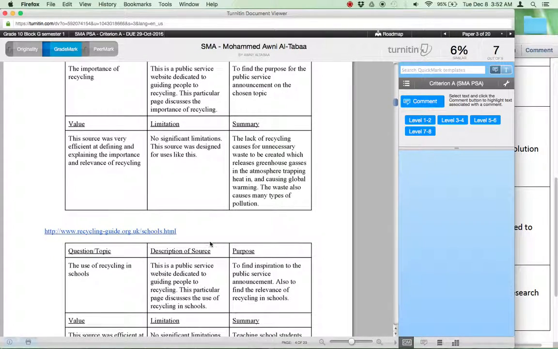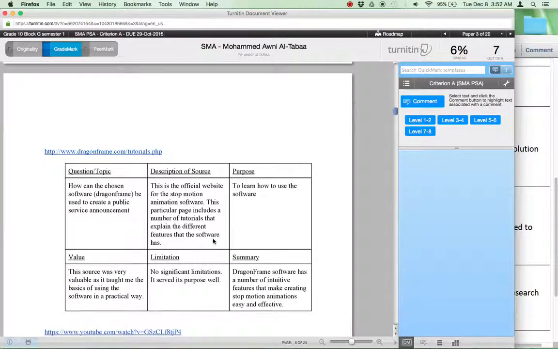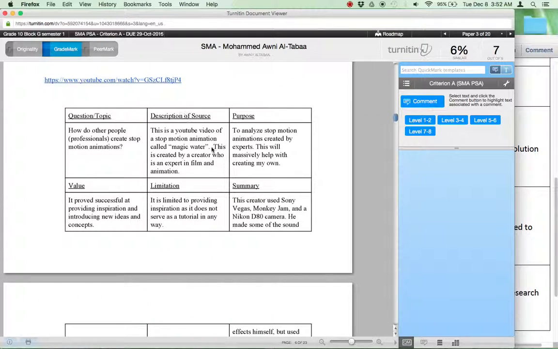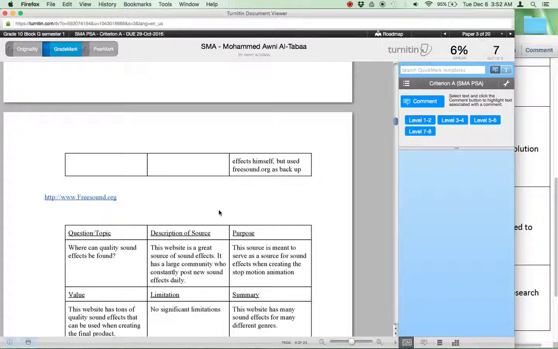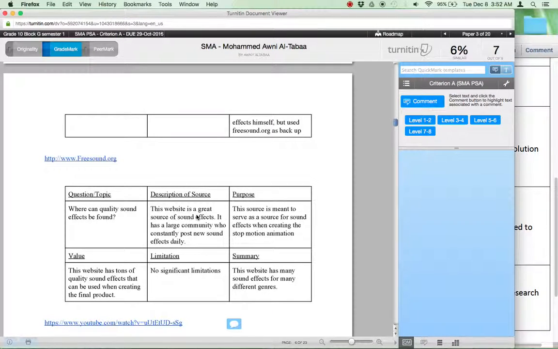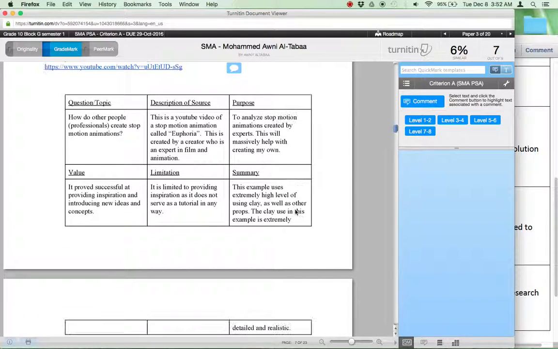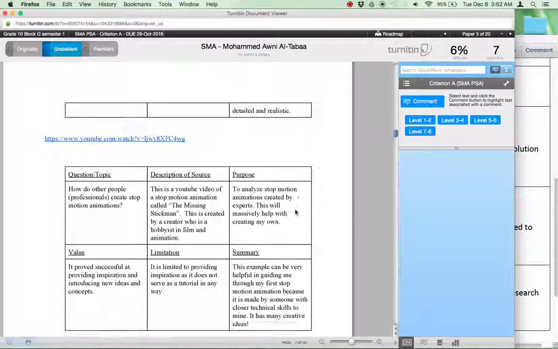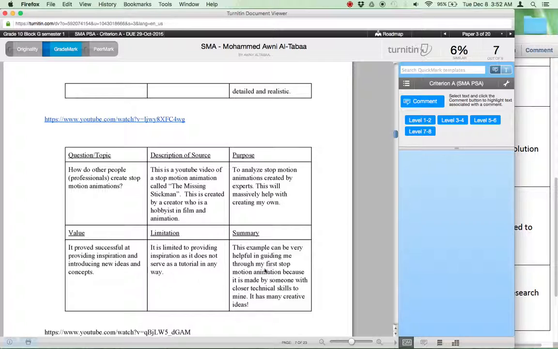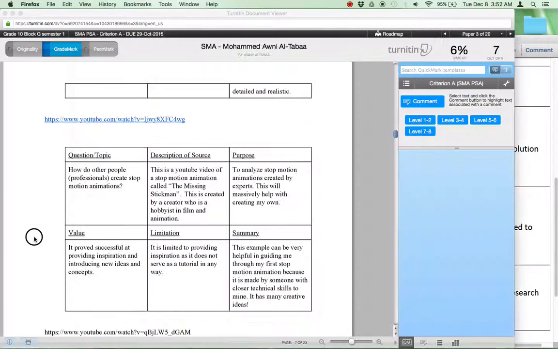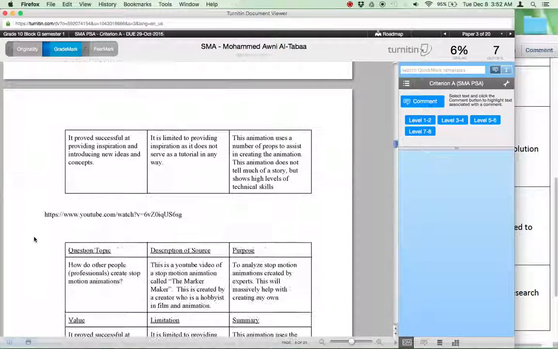And yes, he does. If you go through, he pretty much repeats the same procedure for every question, having the links for everyone. But like we said before, he only gave a single source, which is a common problem for most students. But the focus for him was obviously to get the detailed research plan nailed down, and he did that perfectly.